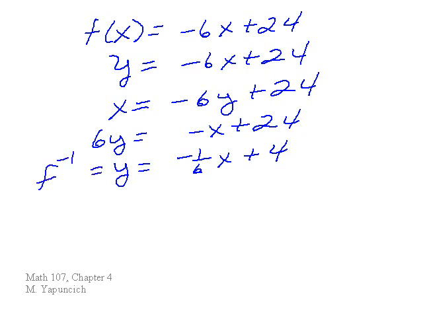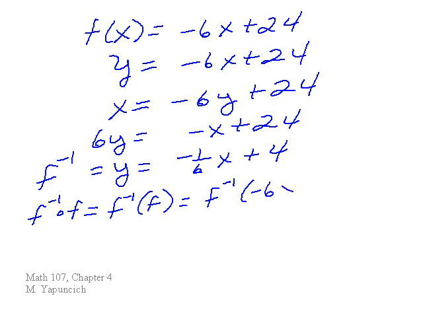And now I check it by using composition. I can work the composition this way. So f inverse is the outside function, f is the inside function. So that's f inverse of, this would be minus 6x plus 24. Remember, I substituted for up here. Then I start evaluating this expression.